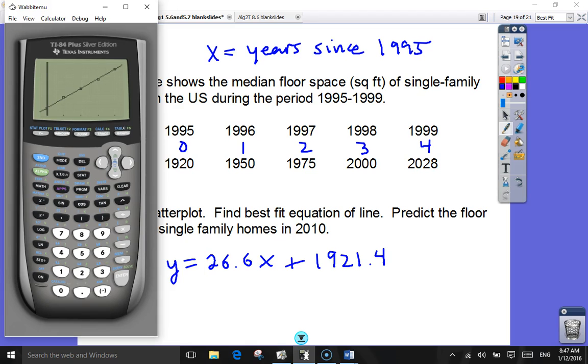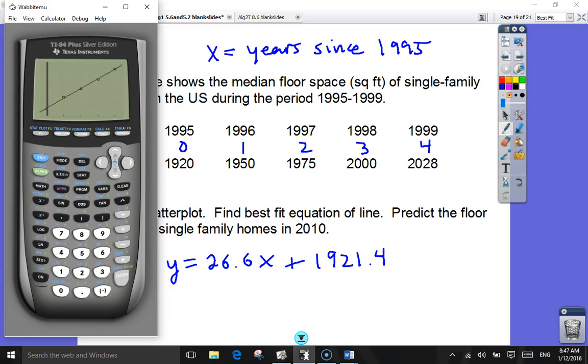Okay, now they want to know, predict the floor space in 2010. What will be the X value in 2010? Remember, X is years since 1995. 15 years.